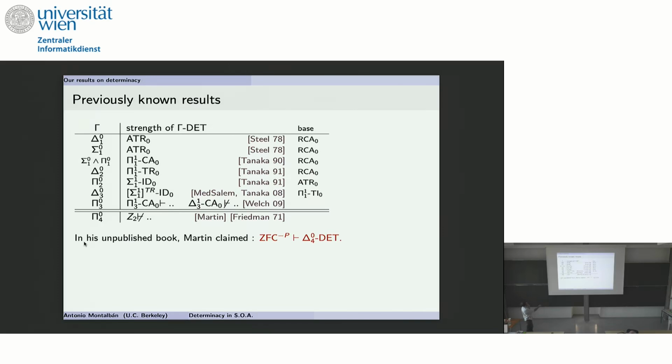Also, Martin had this unpublished book for like 30 years. It's still around, and it's good. He claimed that ZFC without the power set axiom proves Delta 0 4 determinacy, but he didn't notice, I guess because he's not a reverse mathematician, so he didn't care. The proof uses induction on a predicate that is not definable in second-order arithmetic. Even in ZFC without the power set axiom, you cannot prove that much induction.